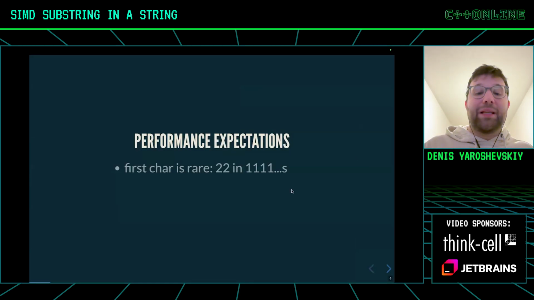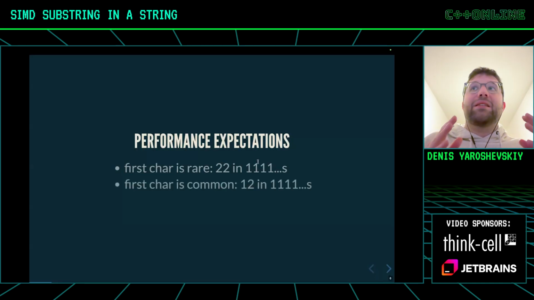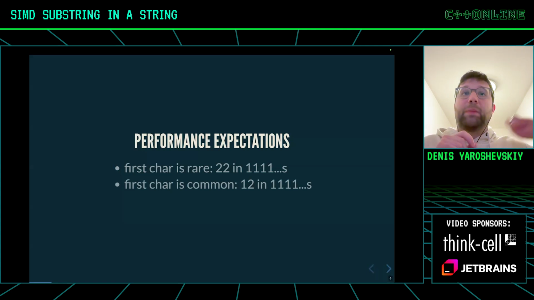The way I'm going to measure it is I'm going to search for 22 in a bunch of ones. So the first character is not just rare, it's never even encountered. The second thing is, if the first character is often encountered, so we often go to that equal part, then the second implementation should be better. The way I'm going to measure it is that every character is the first character, and I'm searching for 12.